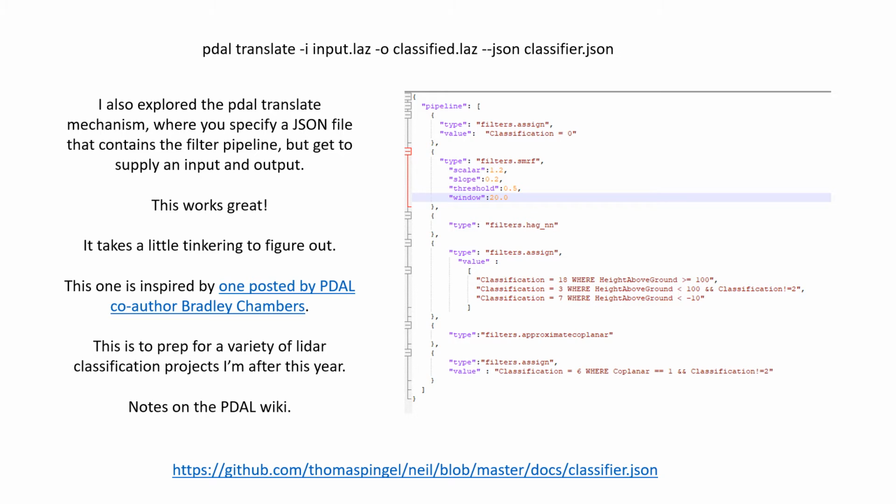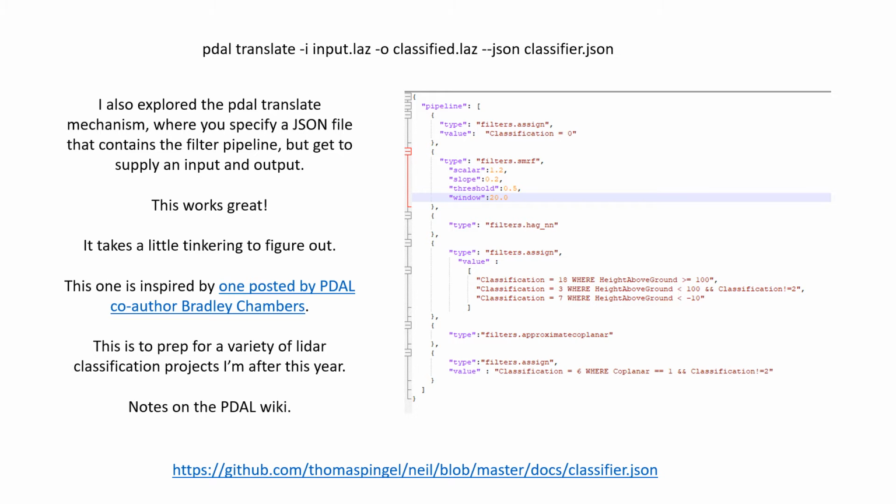The next thing is it calculates how planar the features are, and what this is intended to do is feed into a building classifier. Based on that approximate coplanar attribute, which is 1 when it's coplanar and 0 when it's not, it calculates a variable called coplanar, and then it's going to assign. Actually, 6.